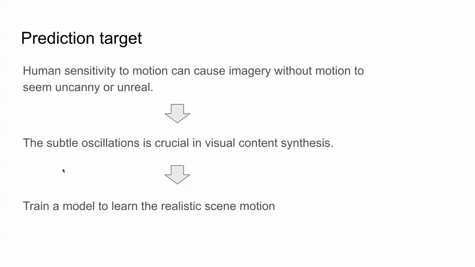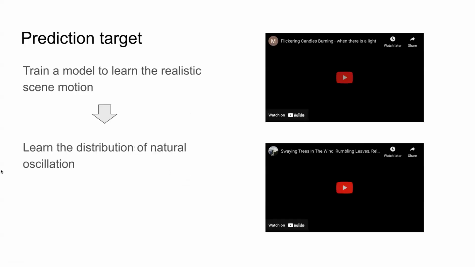So what they want to do is train a model to learn this realistic small motion, those small changes in seemingly still things. To do that, they want to train a model to learn the distribution of natural oscillations.